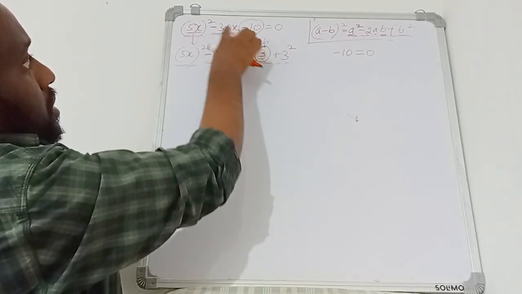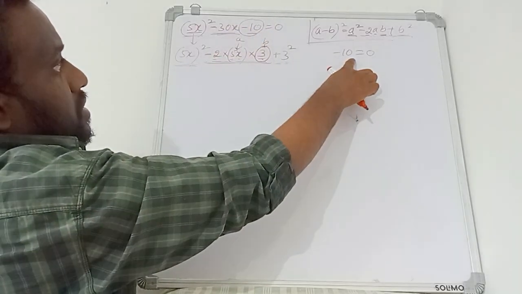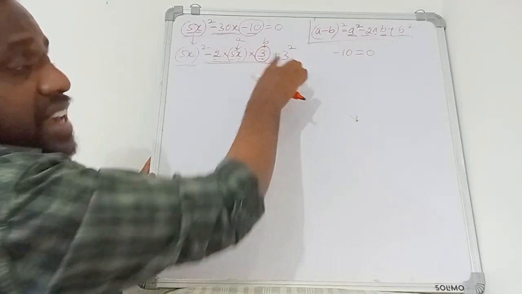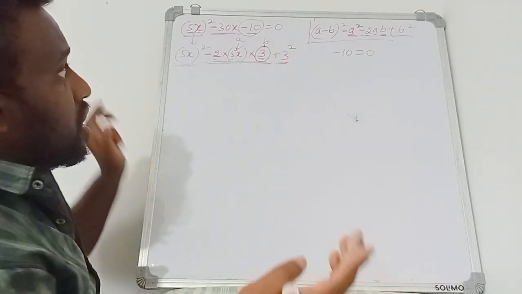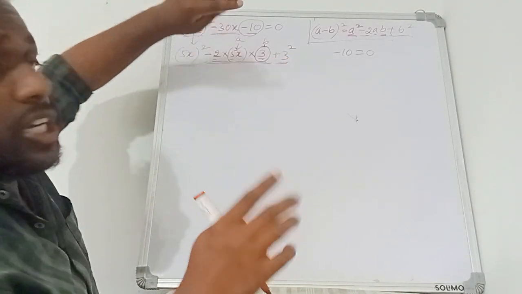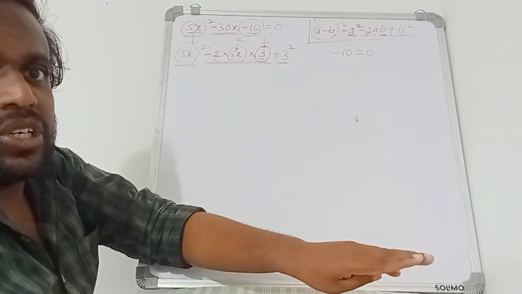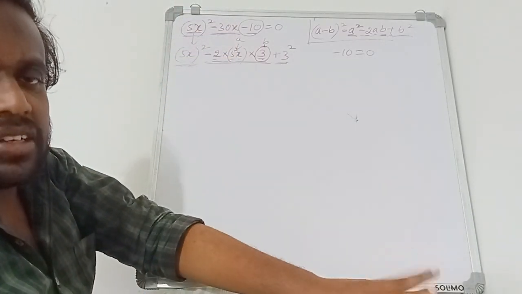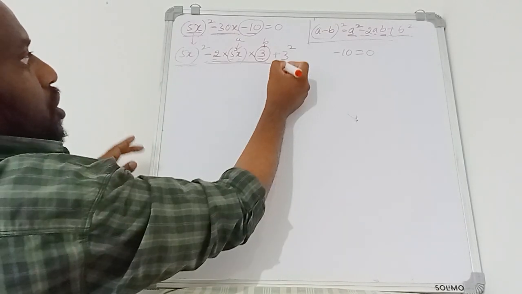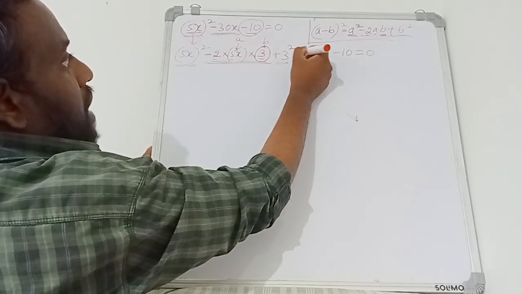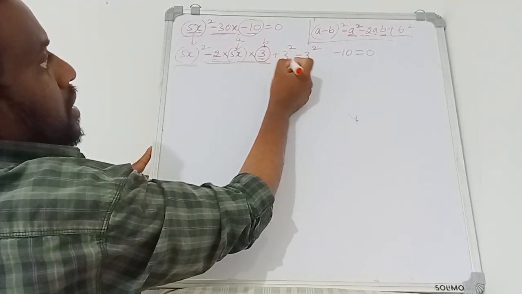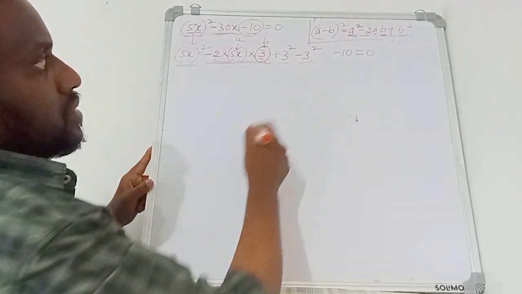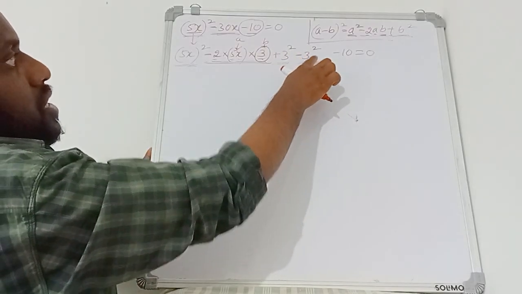This is not already in the equation like this and this minus 10. This we are adding extra. So if you add anything extra to the equation, it should not change. Equation should not become wrong. That's why if you add this extra, we have to subtract that same thing. So added 3², subtracting 3². So 3² minus 3² will become 0.